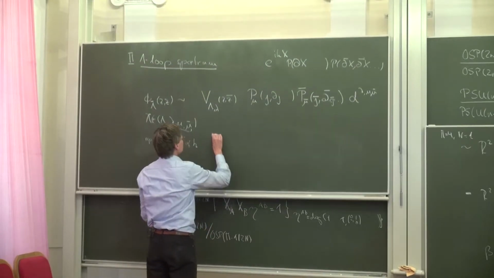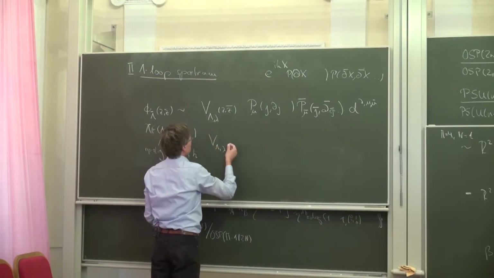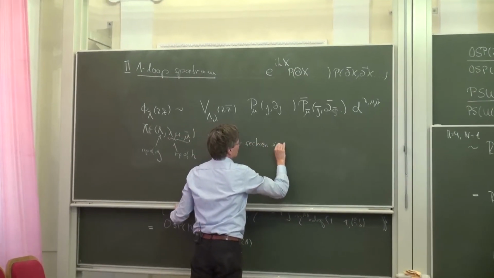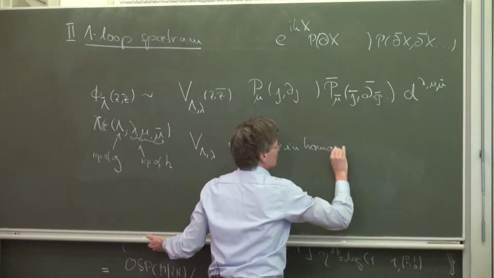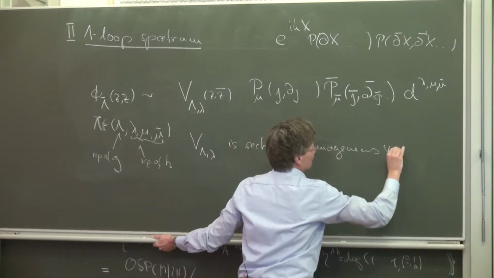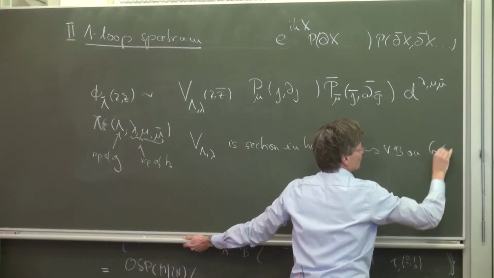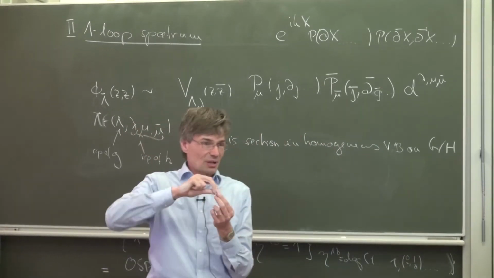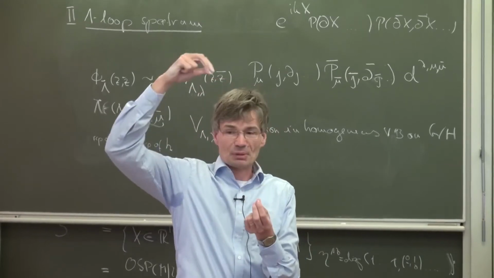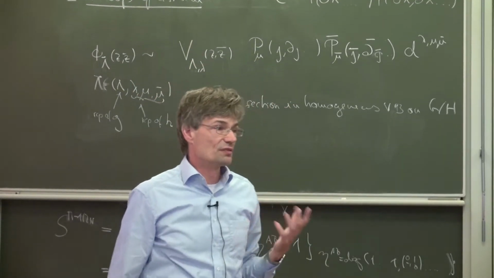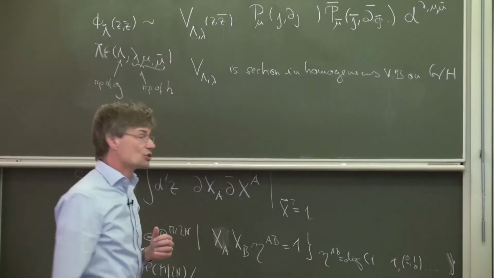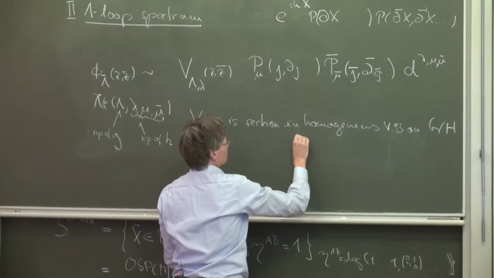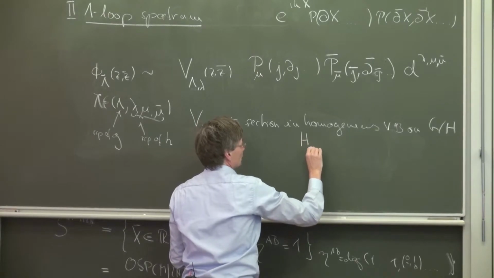So V lambda lambda is a section in a homogeneous vector bundle on G mod H. And concretely, you have different homogeneous vector bundles, labeled by the fiber. The fiber of these things is in a representation of H. So in order to describe them, you have to fix a representation of H.